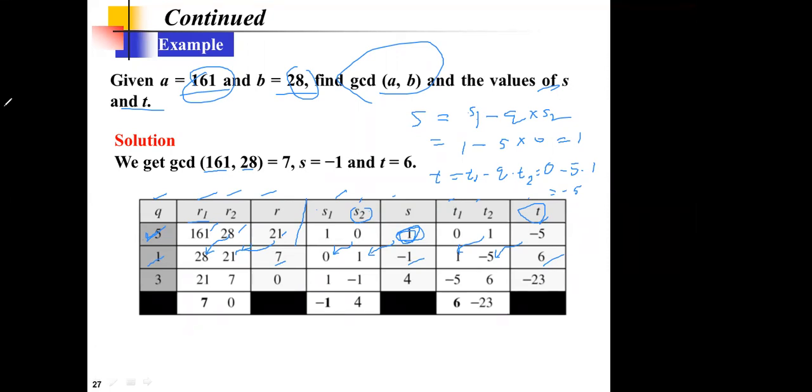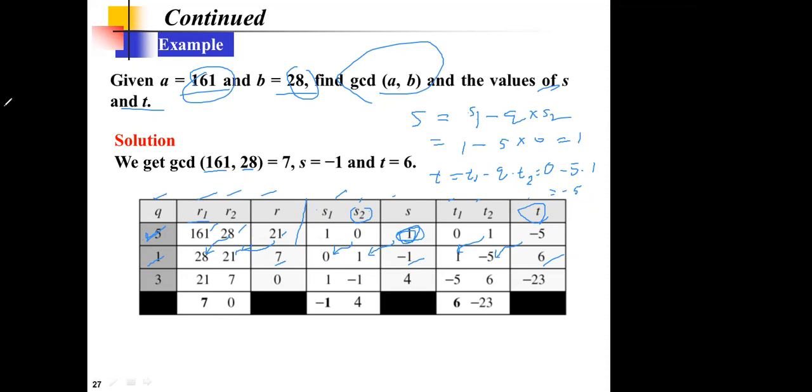Any idea? S1, S2, 1 and 0, and this is 0 and 1. Okay, we shall check why.